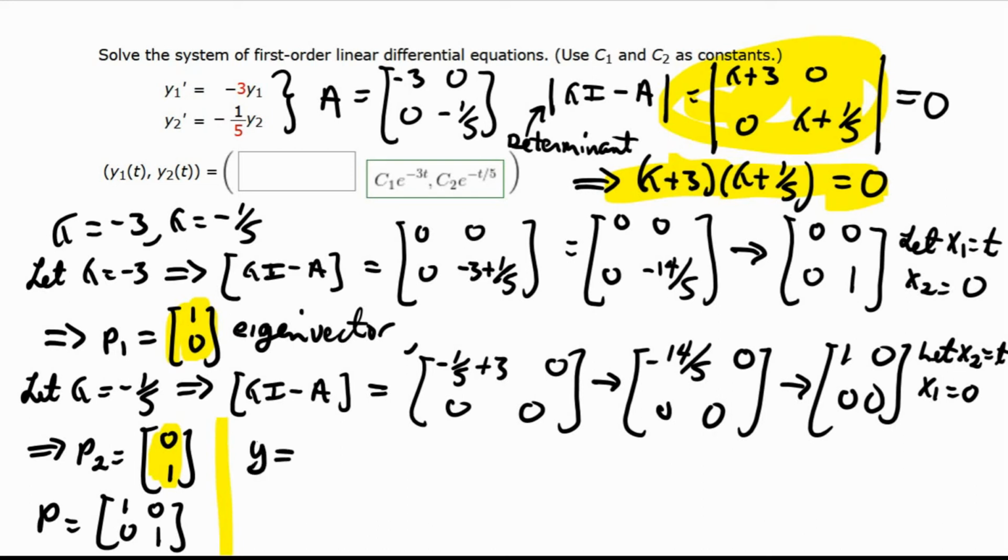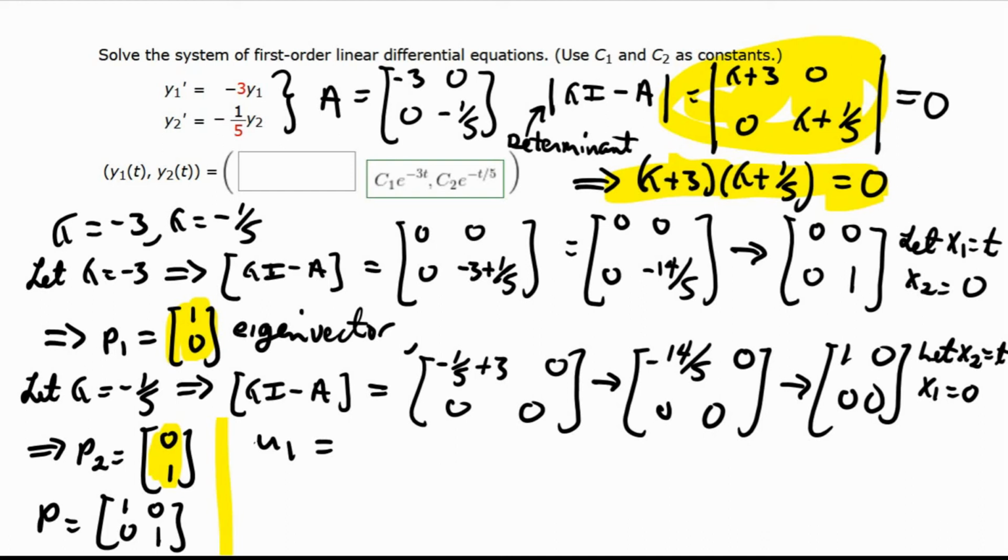So now our solution is said to be y is equal to P times U. And so P is this identity matrix times U. What is U? We need to fix that up. U consists of, I need to write that out. I thought I did. Sorry.